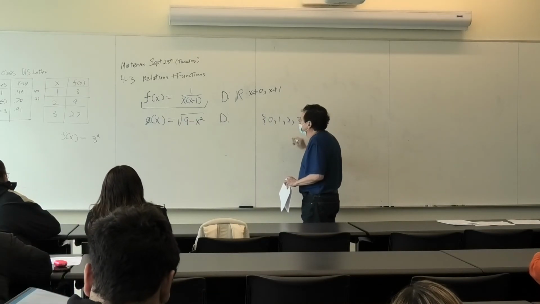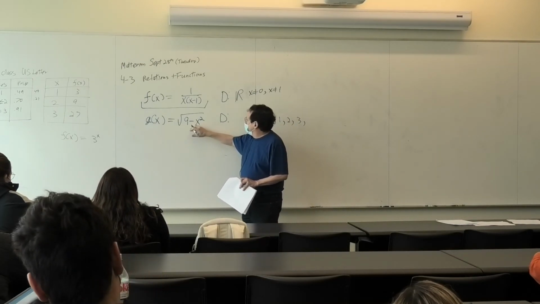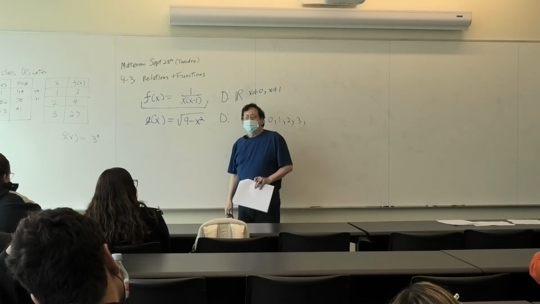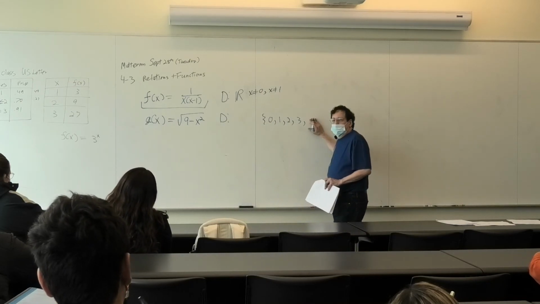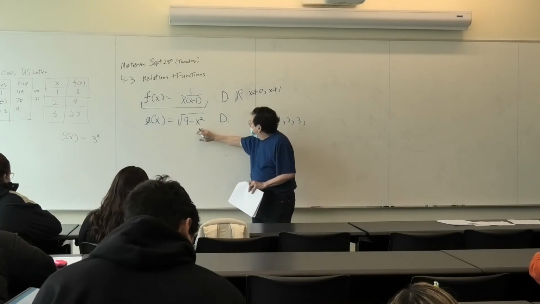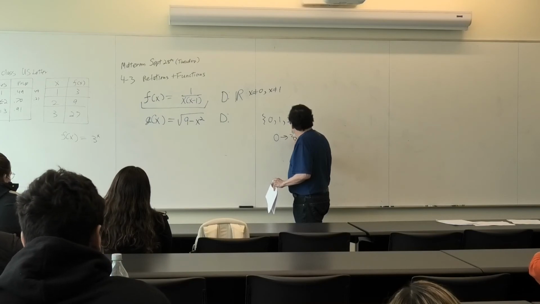3 works. How about 4? 9 minus 16 is minus 5, square root of minus 5, right? So 4 is not in the domain. Okay, so we run out of room at 3, don't we? So we know 0 to 3 are in the domain.